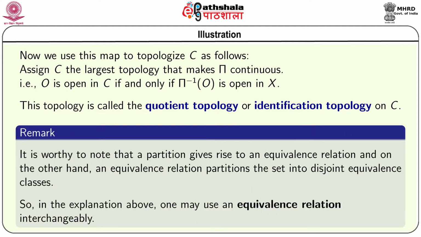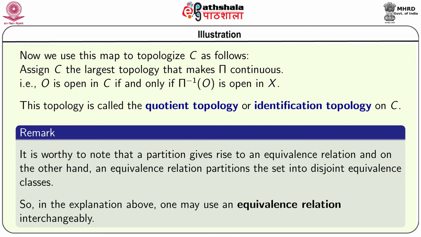Now, it is worthy to mention that a partition gives rise to an equivalence relation. On the other hand, an equivalence relation always gives a partition which consists of the disjoint equivalence classes.